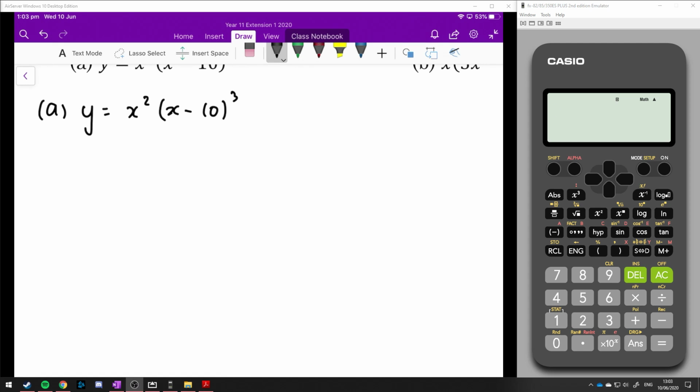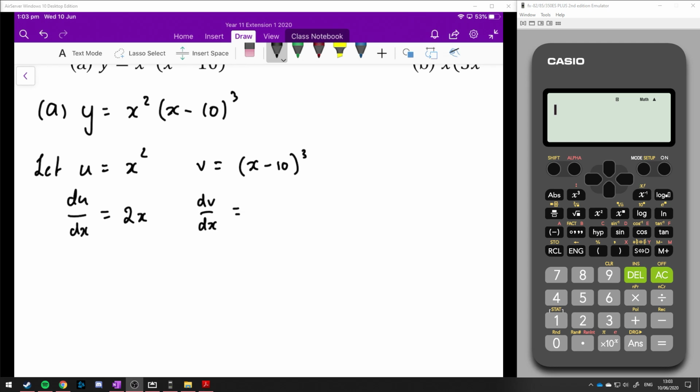Now, what we're going to do is let u be equal to x squared, and let v be equal to x minus 10 all cubed. Okay, so then du dx is equal to 2x, and dv dx is equal to, now this is the one where we need to remember our chain rule, or the shortcut for it. So the 3 comes out the front, and so does the derivative. In this case it's 1, and then it's going to be x minus 10 all squared.